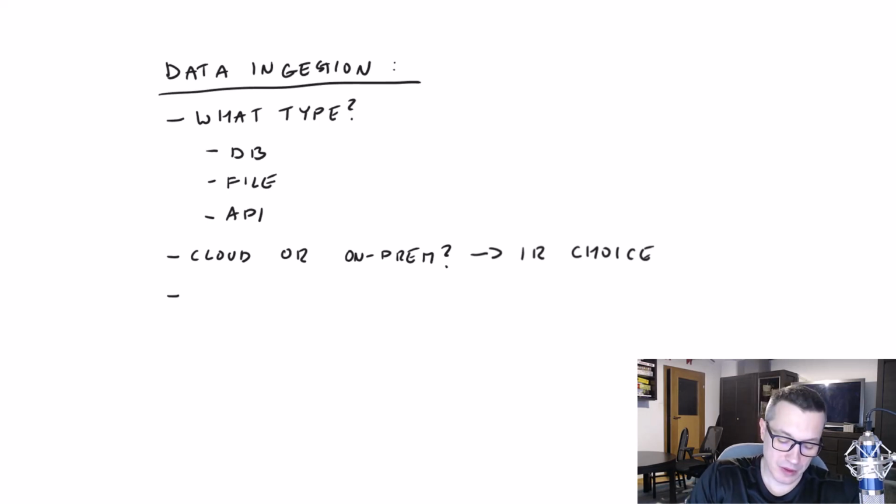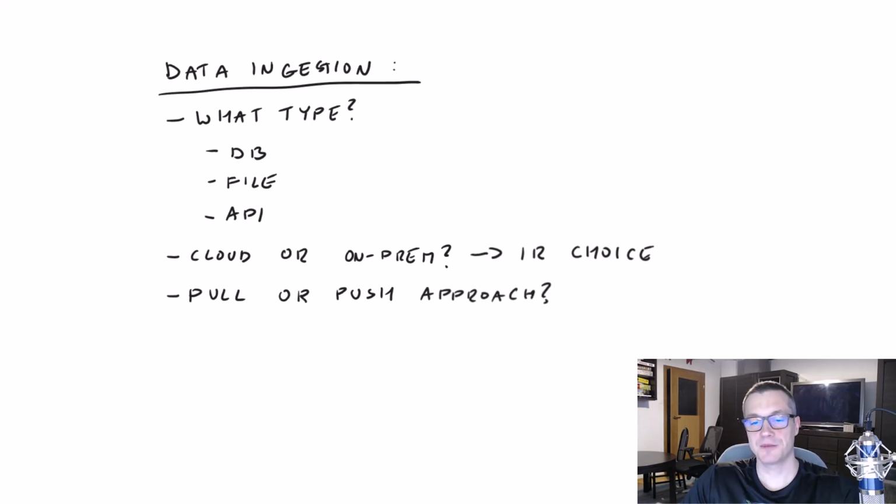Then, is the data going to be pulled by us or pushed by the source? So pull or push approach. And what's the difference? Well, in case of pulling the data, it is us, our software, that connects to the data source and queries it or just grabs data that is exposed.